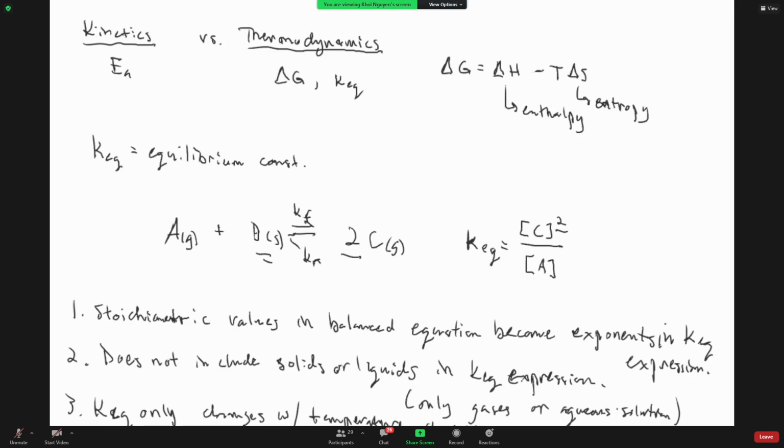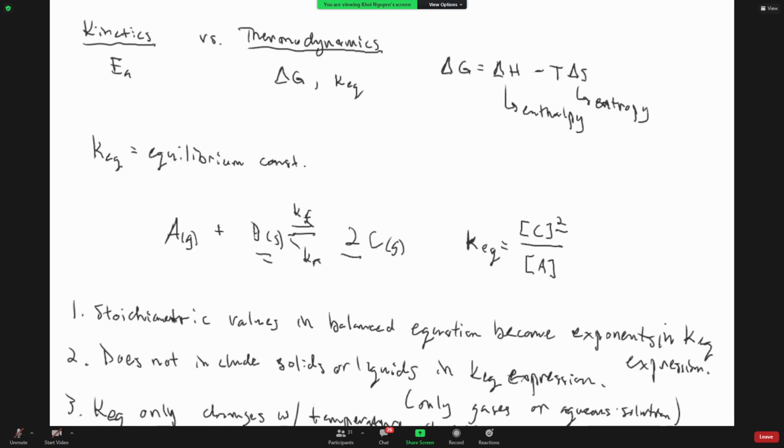Hello, will you repeat the third statement? It's not showing on my screen. Sorry, thank you. The equilibrium constant only changes with temperature change. So when you change the temperature of a system, you're changing the kinetics or the energy with which the molecules are going to collide, right?